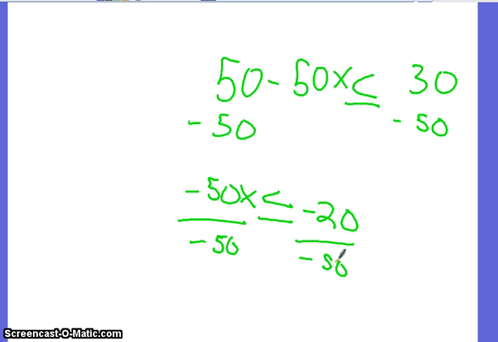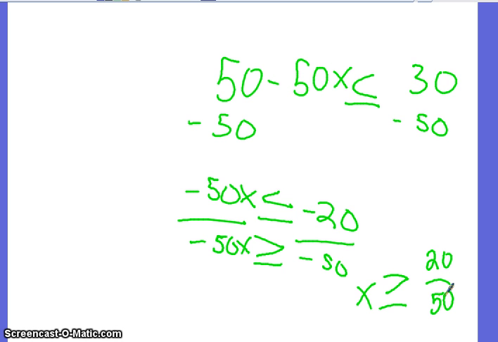That's also going to cause me to flip the sign. Okay? That gives me x is greater than or equal to 20 over 50. Okay? I could reduce that.